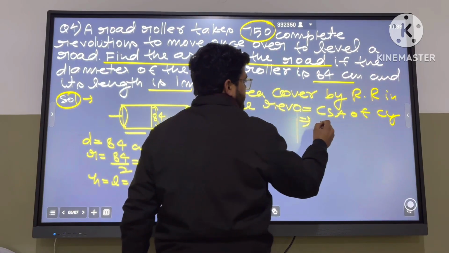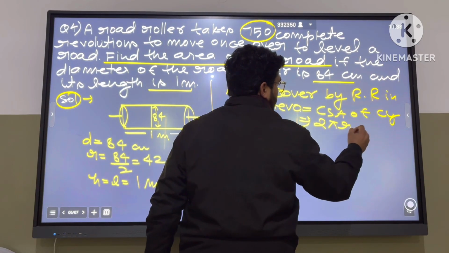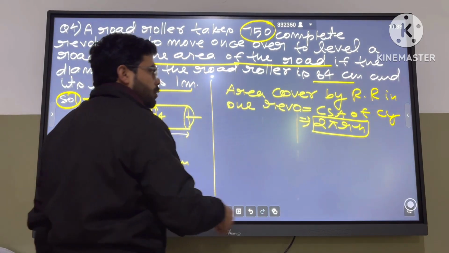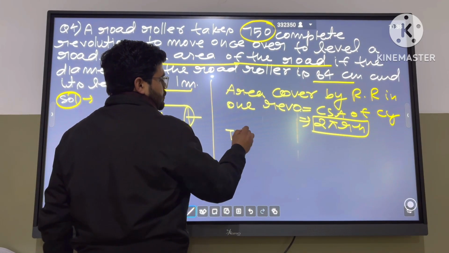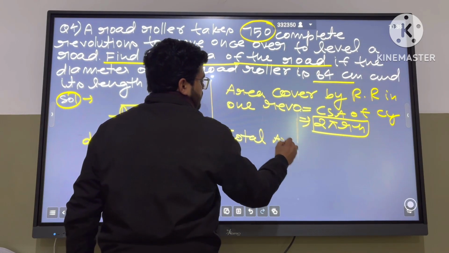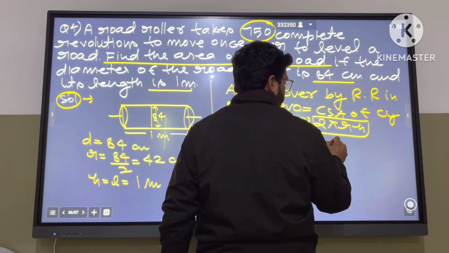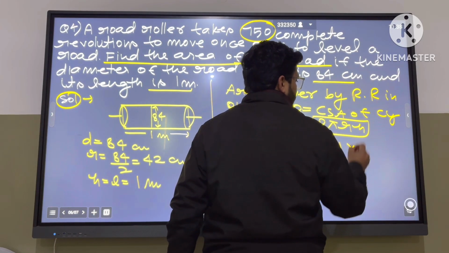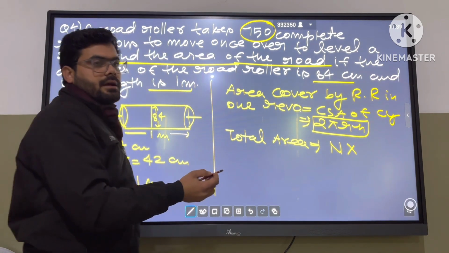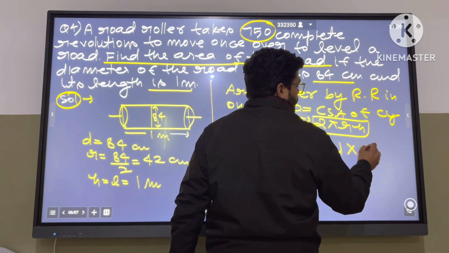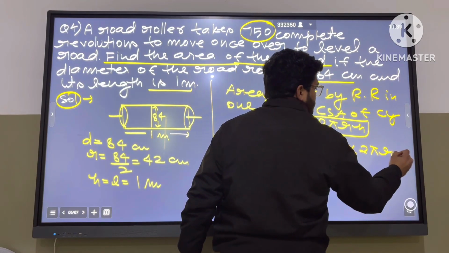So the curved surface area is 2 pi r h. Okay, and the total area is equal to the number of revolutions into the area covered by the road roller in 1 revolution, 2 pi r h.